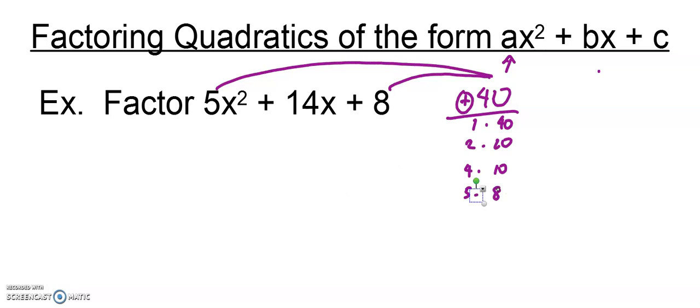Now I need to pick the two that add to give me the middle number, positive 14.